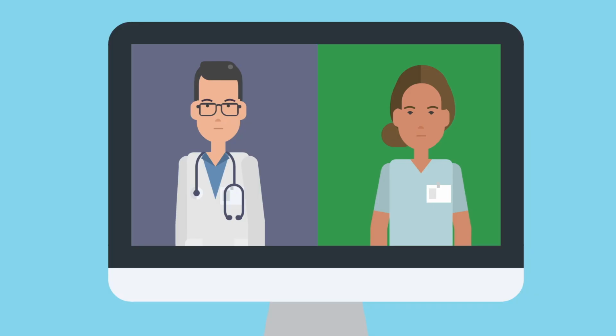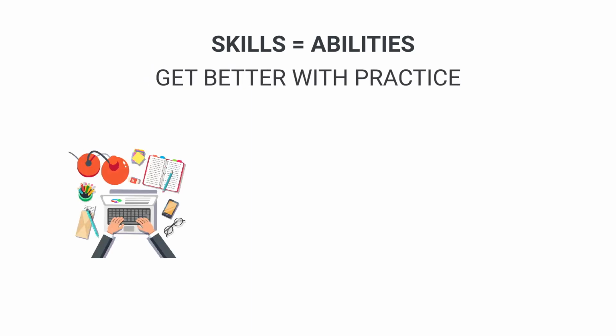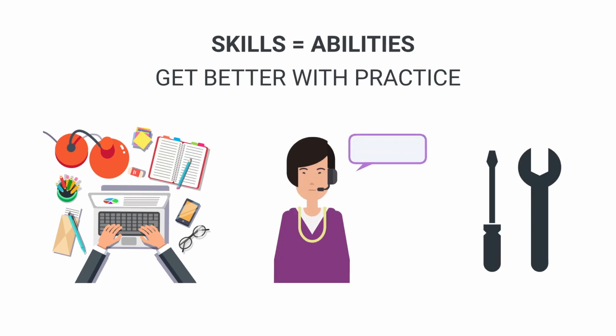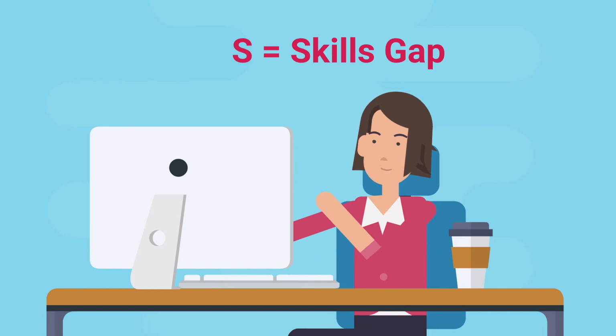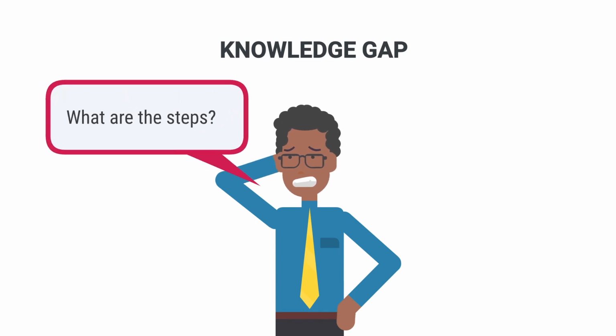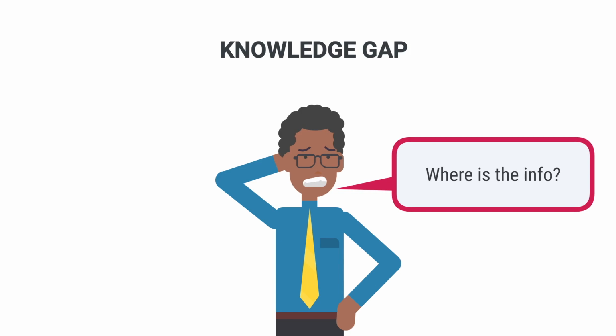That makes sense. What's the difference between a skill gap and knowledge gap? A skill is an ability to do a task. It's something that gets better with practice. We can design practice activities to help people improve their skills. We'll label those with an S. But a knowledge gap is when someone genuinely doesn't know how to do a task. Maybe they never learned the steps or don't know where to find the information.